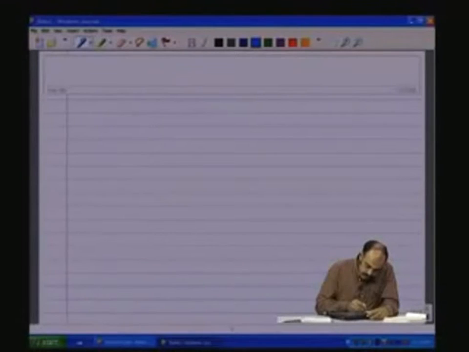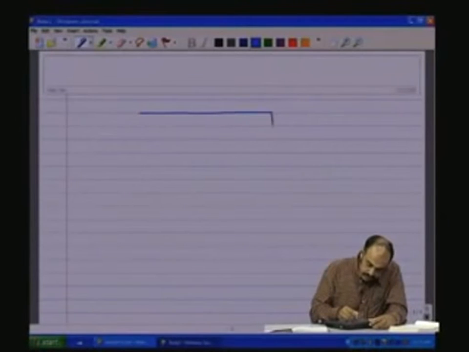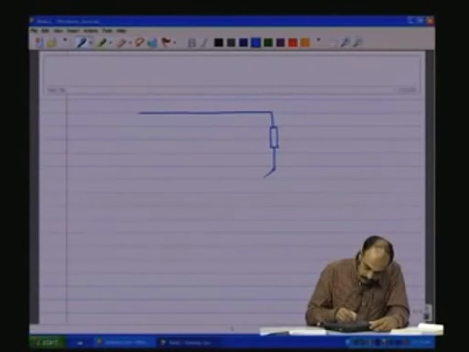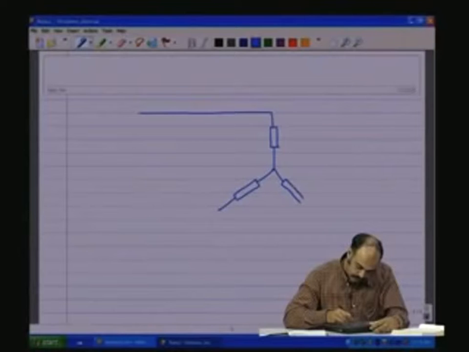So, we shall have a look at such a system. Let me draw the 3-phase load like that. So, we have a 3-phase load with the neutral.